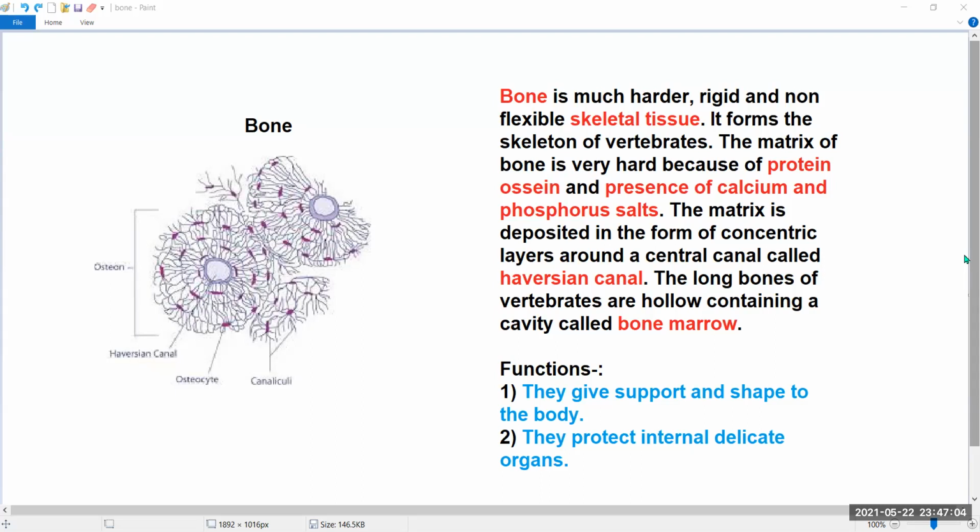The matrix is deposited in the form of concentric layers around a central canal, and that is known as the Haversian canal. The long bones of vertebrates are hollow, containing a cavity called bone marrow. The functions are, bones give support and shape to the body, and they protect internal delicate organs.